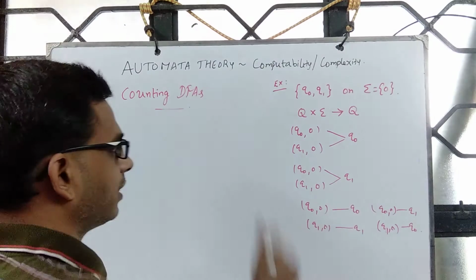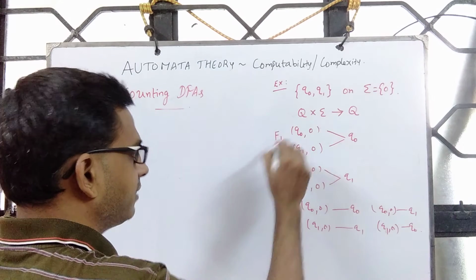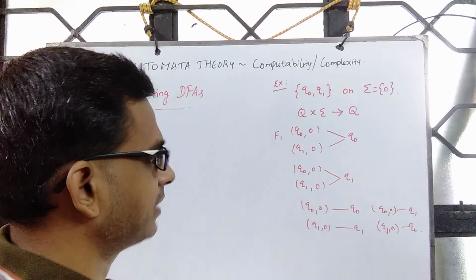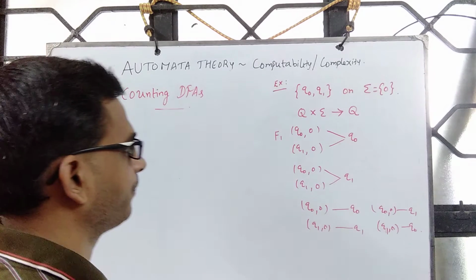Then we said you just focus on one function. This function itself can give you some number of DFAs.